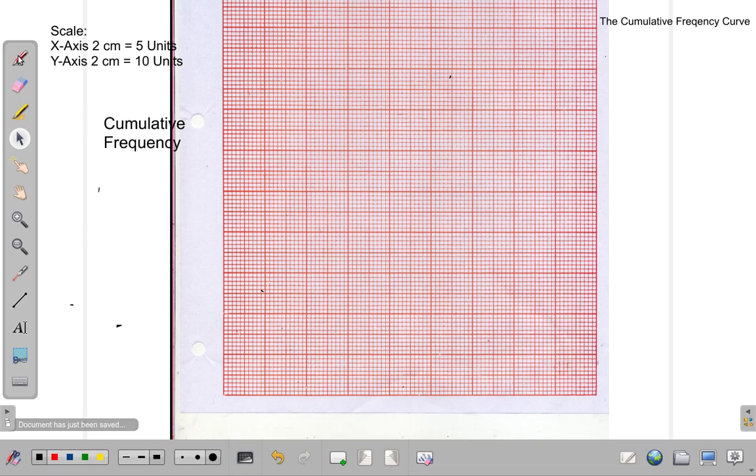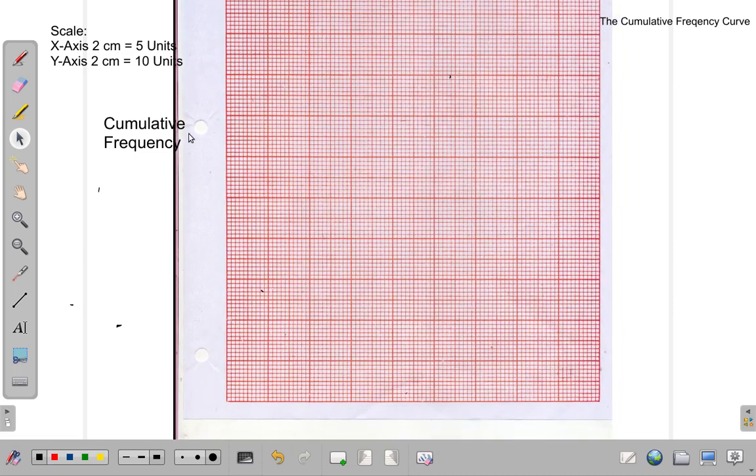Alright, now putting back those numbers from 0 to 100 on the x-axis, we have 0, 2 cm equals, on the y-axis I mean, 2 cm equals 10 units, so 1 cm, 2 cm, that's 10, 1, 2, that's 20, 1, 2, 30, 1, 2, 40, 1, 2, 50, 1, 2, 60, 1, 2, 70, 1, 2, 80, 90.